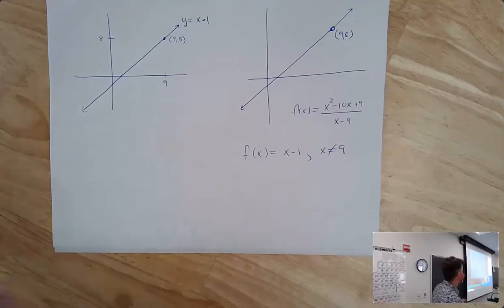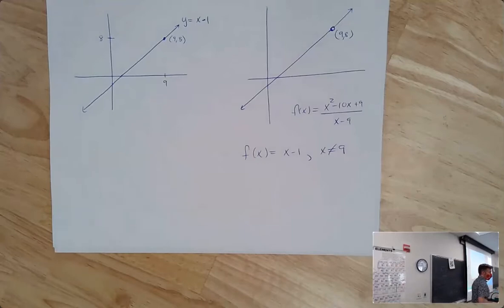And now here's why we get to do what we just did. Because the limit doesn't care what's happening at 9. As far as the limit's concerned, this function and this function do the same thing as x approaches 9. They both get close to the same y value. We don't care that this one is undefined at 9.